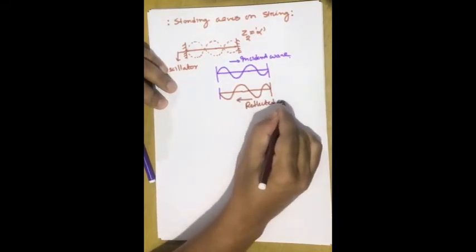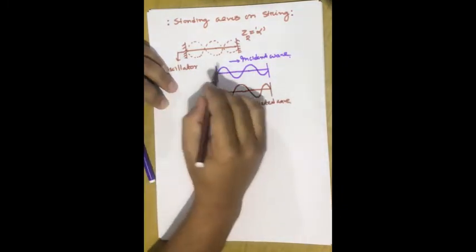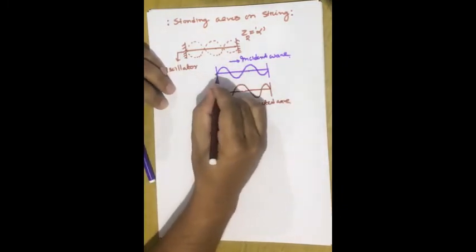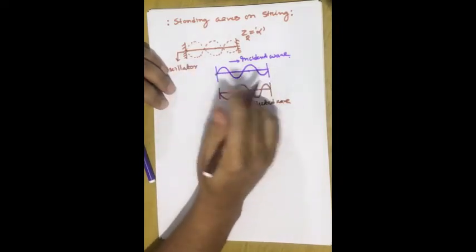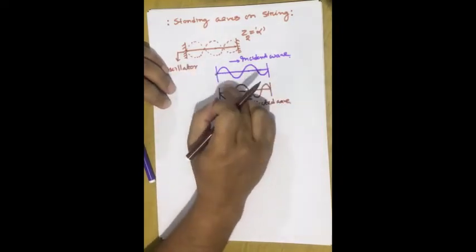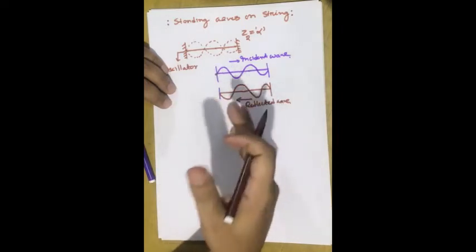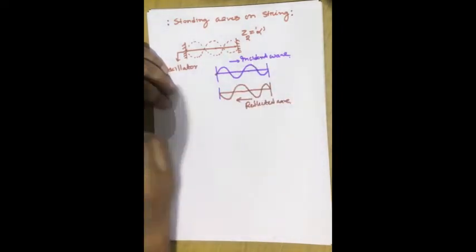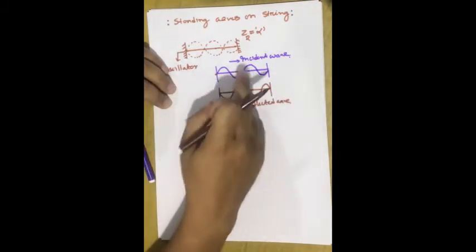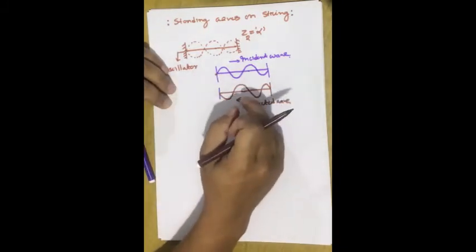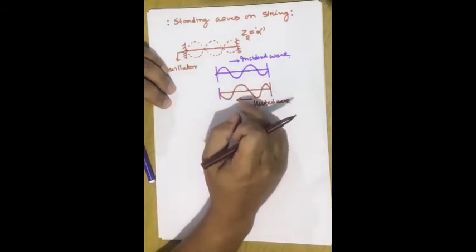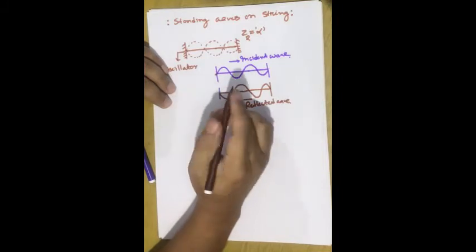When we continuously excite the incident wave at this part of the string using an oscillator, then as time advances, the incident wave and the reflected wave will superimpose. When we apply the principle of superposition, a standing wave pattern will be generated.